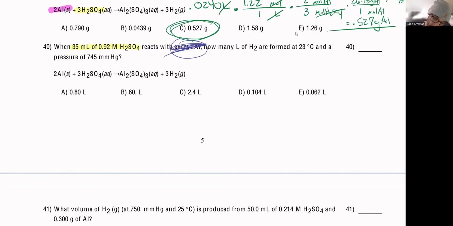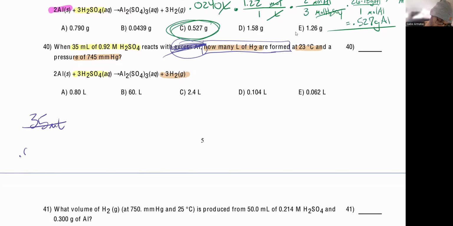How many liters of H2 are formed? Okay, so that's what we're looking for, and we're given other information. It's asking about hydrogen. There's the hydrogen, there's the H2SO4, 23 degrees C, and a pressure of 745. The idea here is I am going to start with what I have, 35 milliliters.